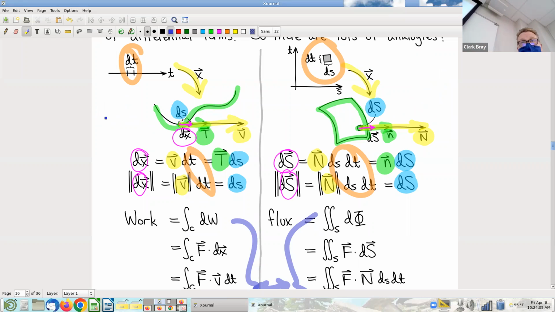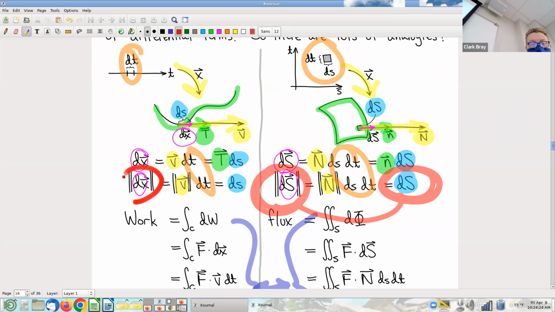Yeah. So the little n vector is a unit vector, right? Yep. So what's the length of the dS vector? The length of the dS, let's see, in fact, I've got that right here. The length of the dS vector is the area of that little piece of surface, in exactly the same way that the length of the dx vector is the length of that little piece of curve.